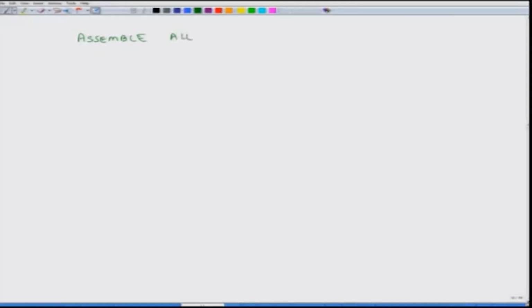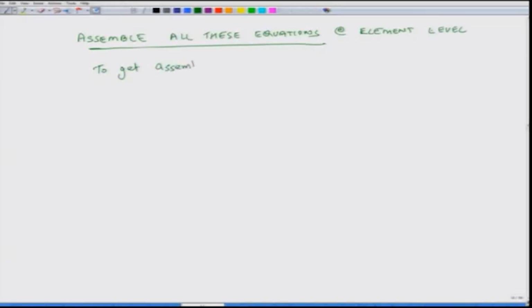Assemble all these equations at element level, to get assembly level equations.